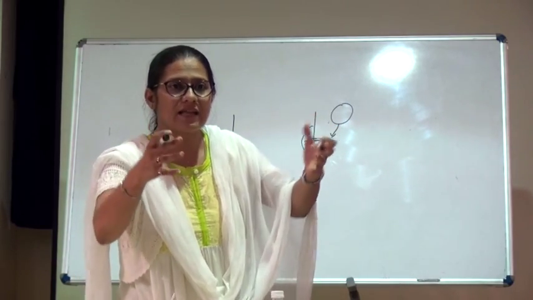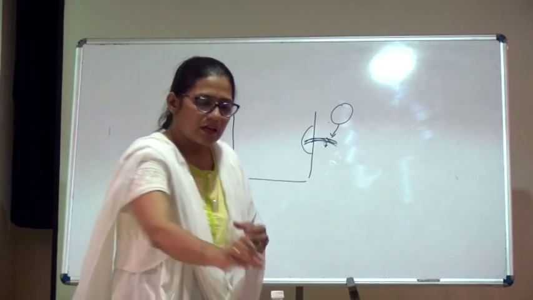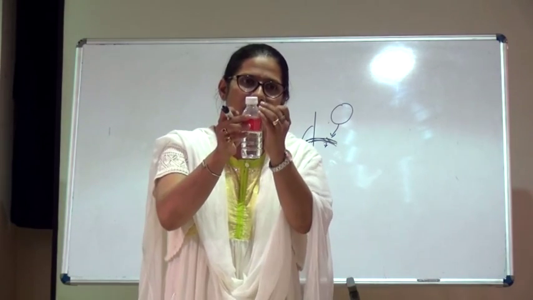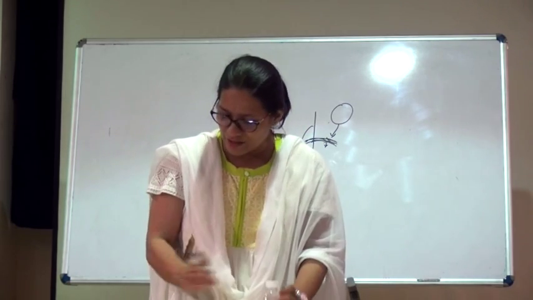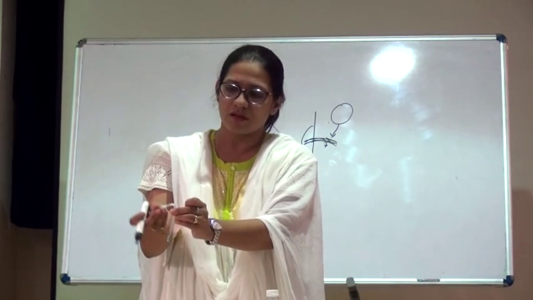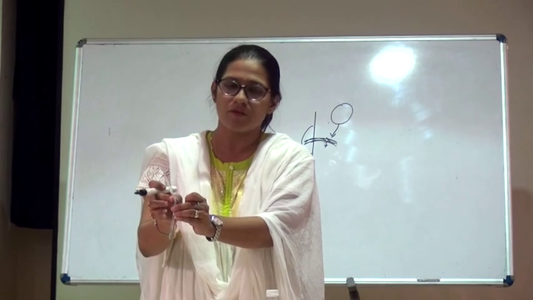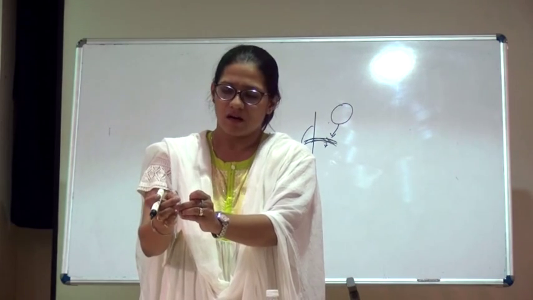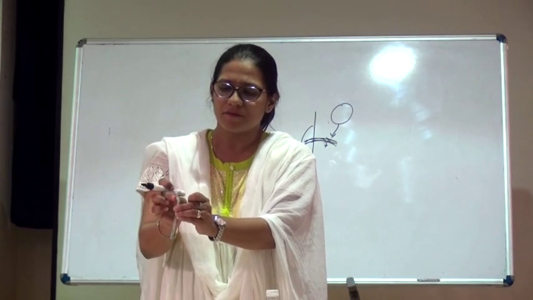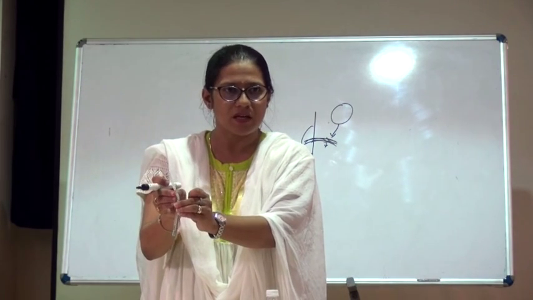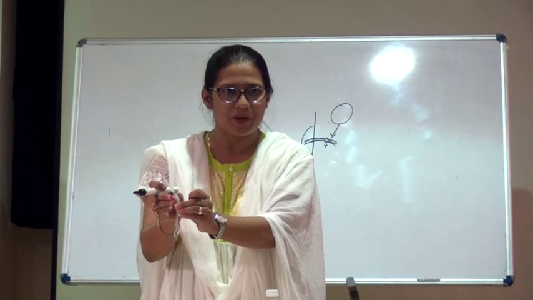More cells are produced. Now think, if this bottle is there, if you add more plastic over here, what will happen? Like this straw, it will bend. This is not a good example, but still, if more cells are being deposited over here, what will happen?